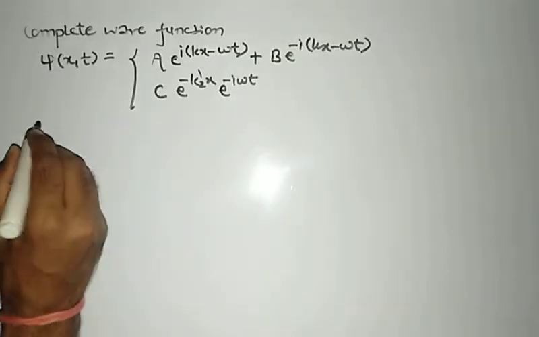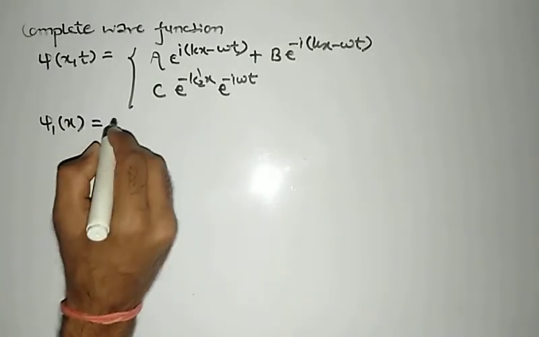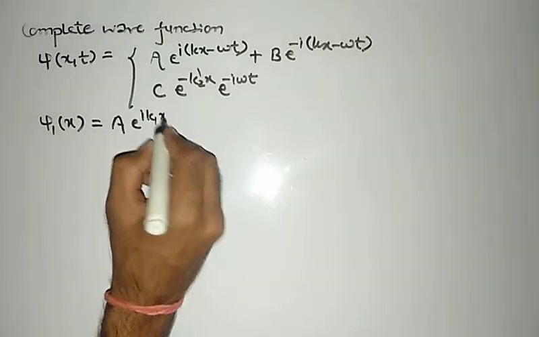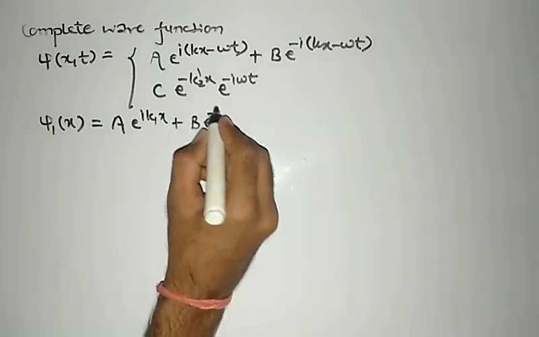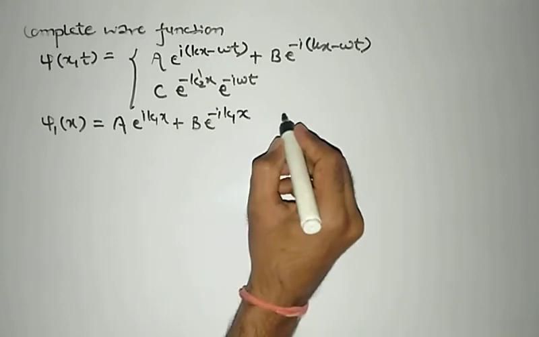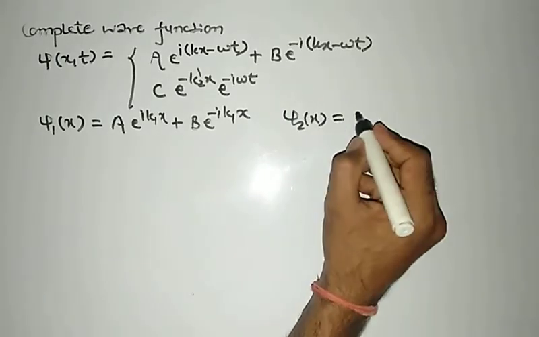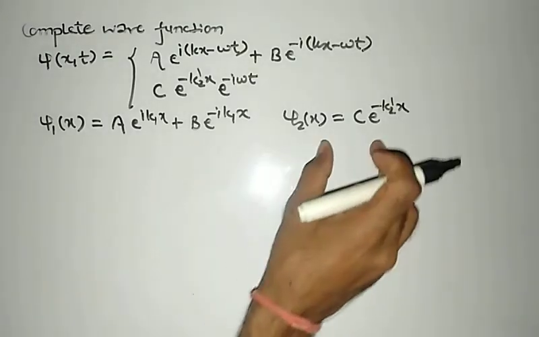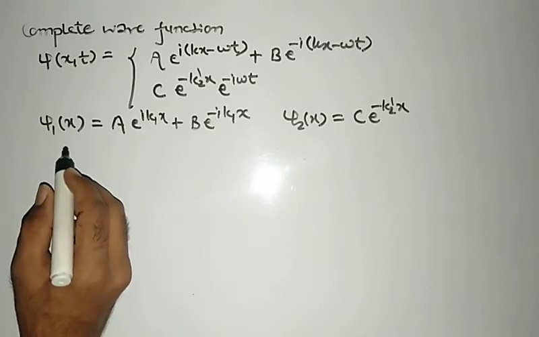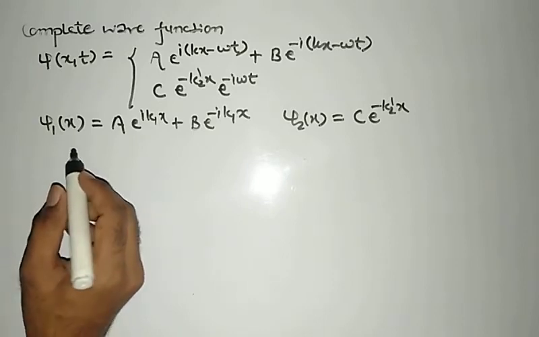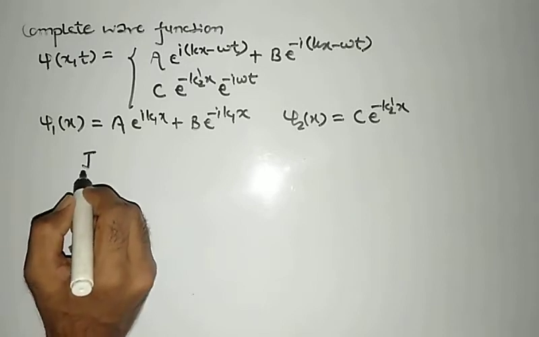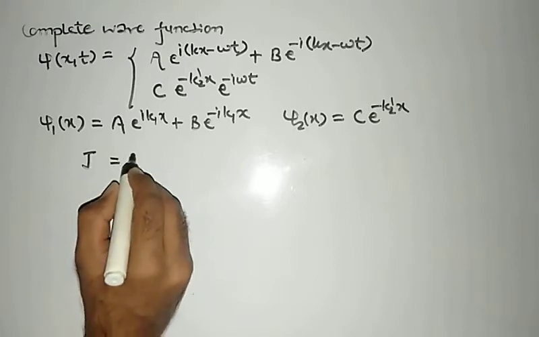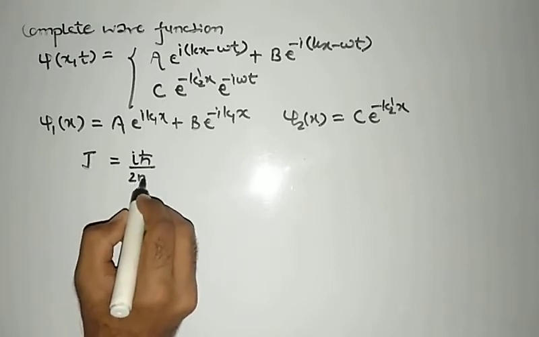Now we have psi 1, which we just found, a e to the power i k1x plus b e to the power minus i k1x, and psi 2 is c e to the power minus k2 dash x. Now look, we will apply this for J. What is J? We have introduced it, the current density. This is i h cut by 2m.